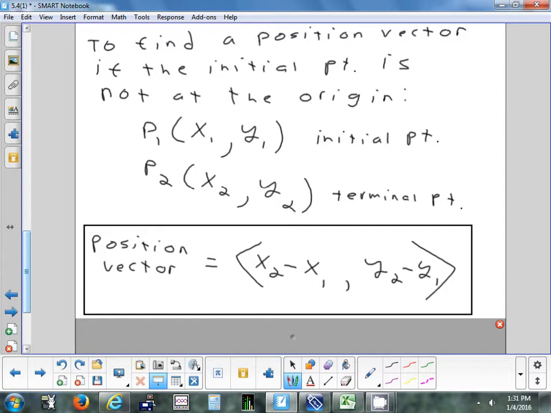What would it do to the vector? If you switch this order around, the vector would be opposite. It would change the direction. It would come out the opposite of what you want. Okay, so make sure you always do this order.